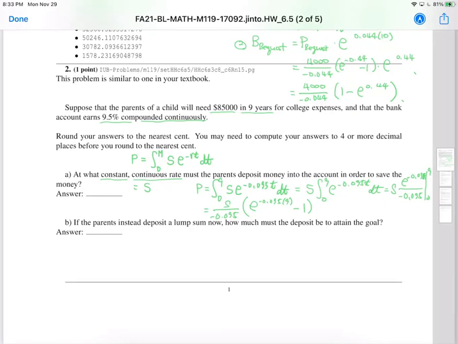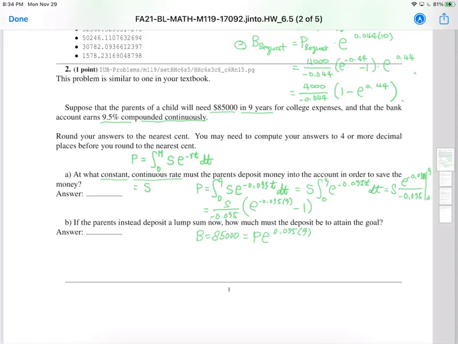So the future value, we want to achieve 85,000 in the future, after 9 years. This is equal to present value times e to the 0.095 times 9 years. Okay.